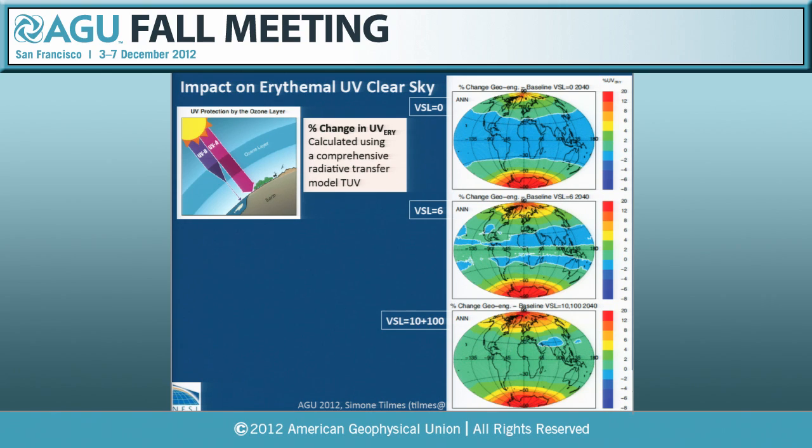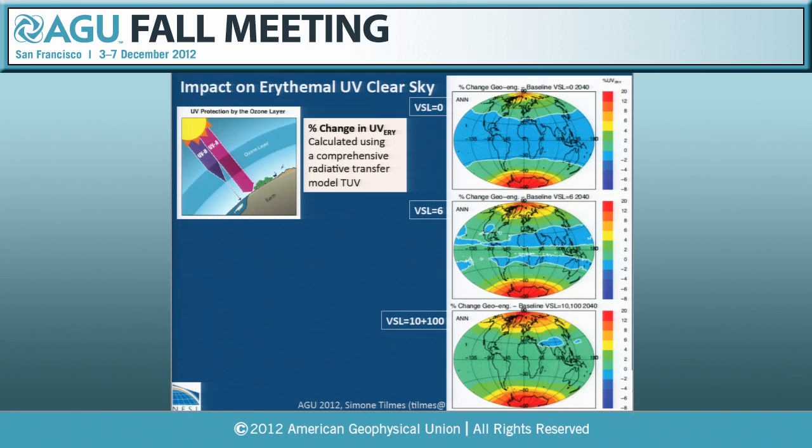And so we use a comprehensive radiative transfer model, the TUV, and we look at the changes in the surface UV, especially from the B spectrum, because of the changes in ozone, which you can see here on the right. So what you see is a difference again between geoengineering and the baseline simulation of UV erythemal for my 3 different cases and the ranges of very short-lived species.